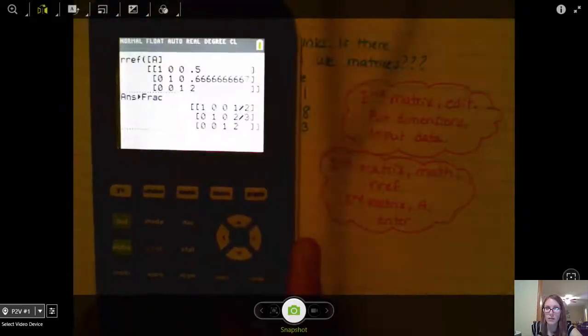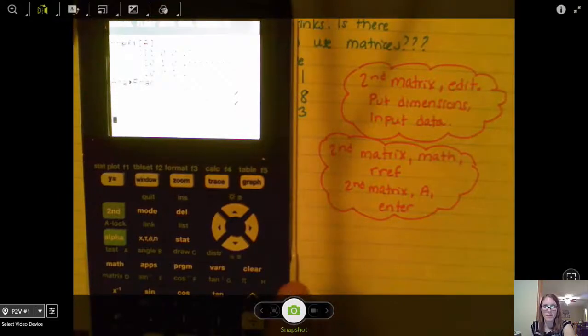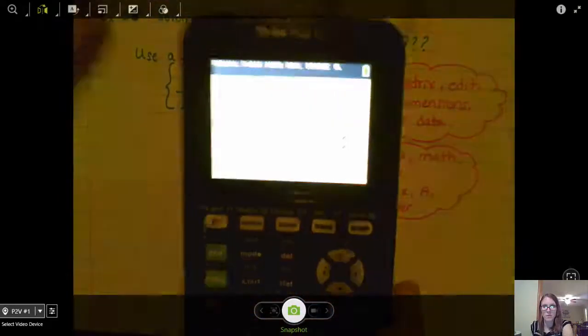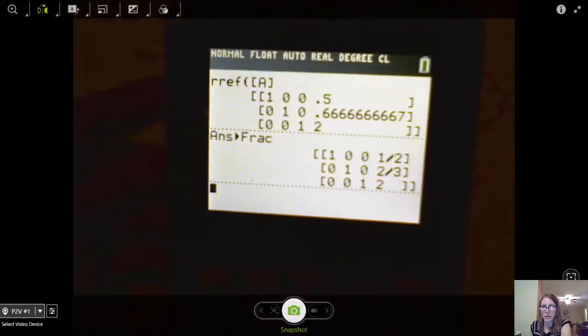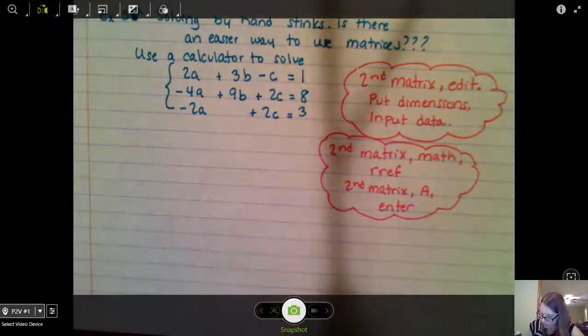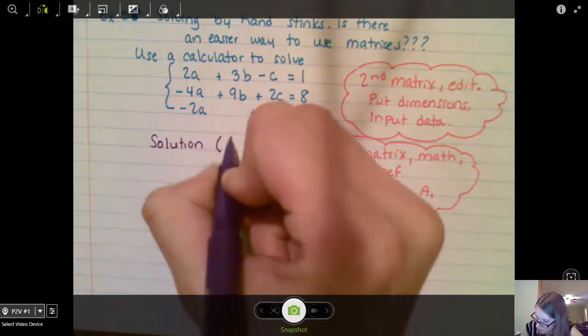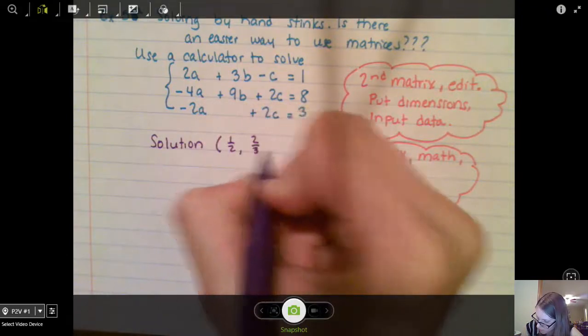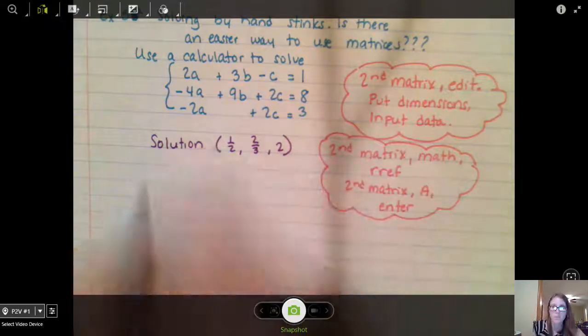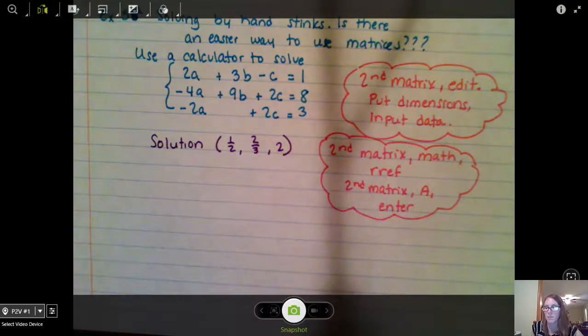So our solution was 1/2, 2/3, 2. Okay, so that's a lot easier than row reduced echelon form by hand.